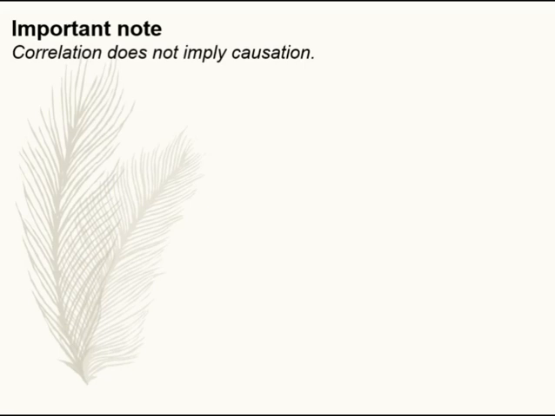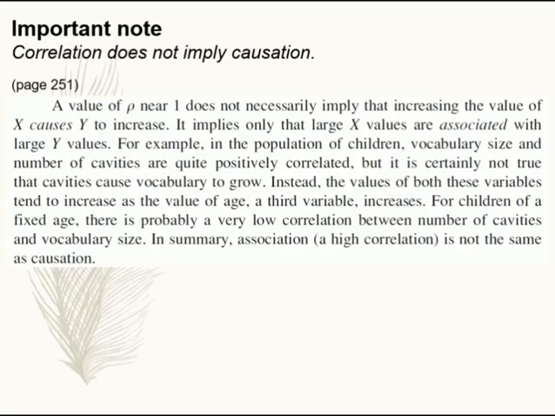Just because x and y have a linear relationship, no matter how strong, it doesn't mean that y causes x or vice versa. This is summarized in this paragraph on page 151. You can read this, you can pause the video and have a look at it, and I'm just going to add another example on top of this to give you an idea of why this is the case.